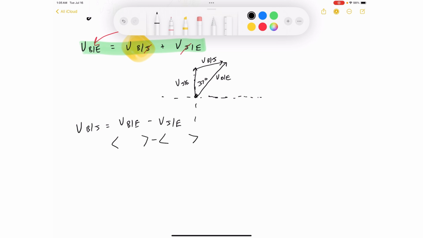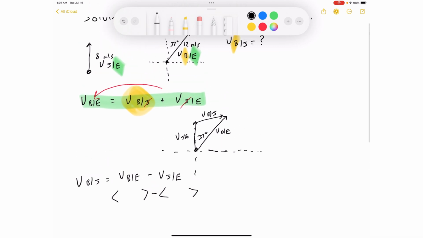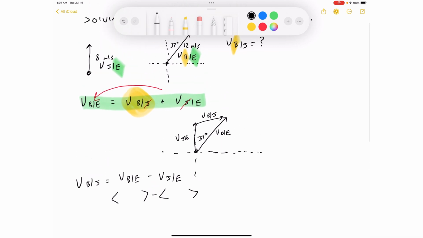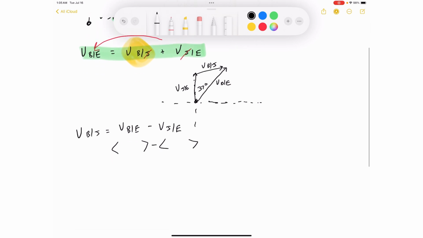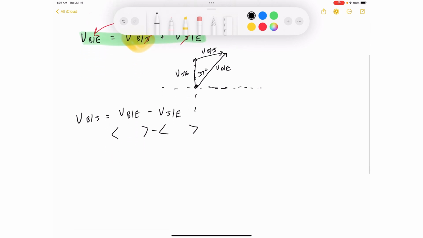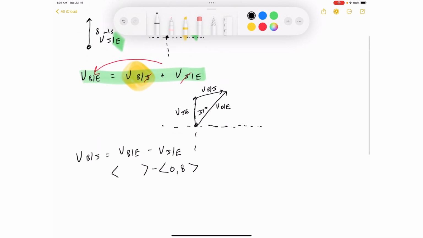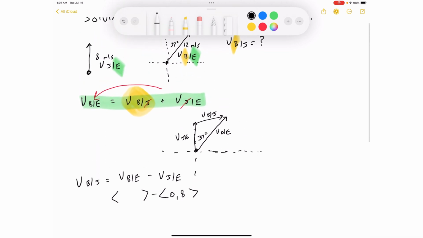Now the velocity of 1 relative to Earth, that's the vector that goes straight up, and it's 8 meters per second straight up. So its x coordinate is 0 because it's not moving in the x direction, and its y is 8 meters per second straight up. So I know that vector's components, but the other vector I don't know. And how are we going to figure that out? Well, using trigonometry.